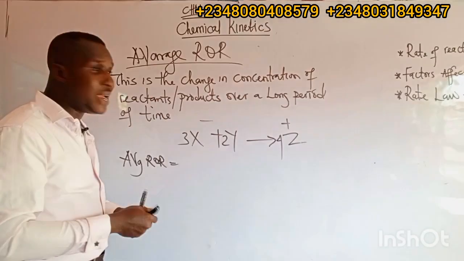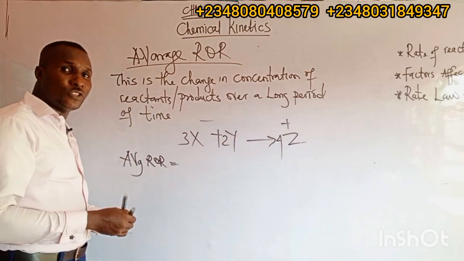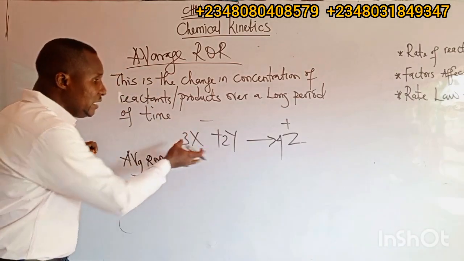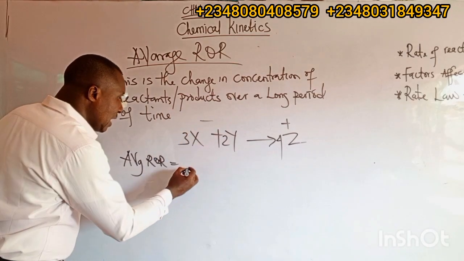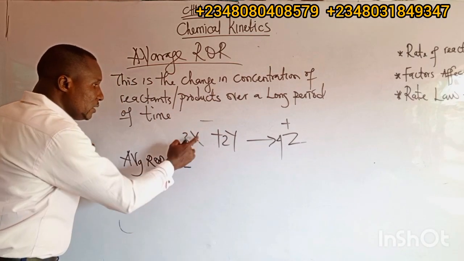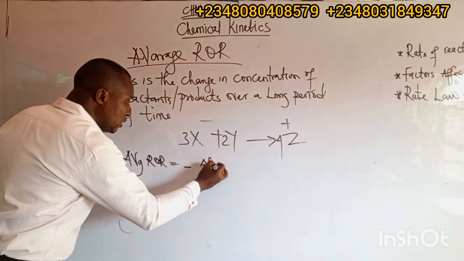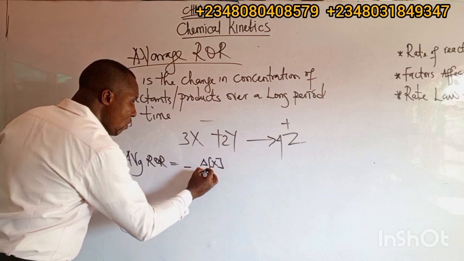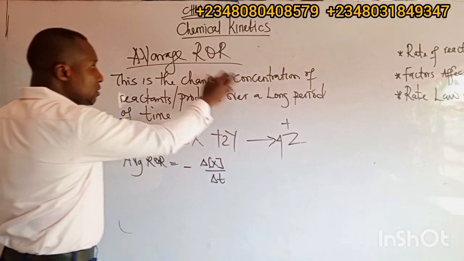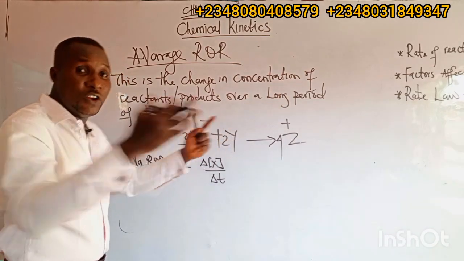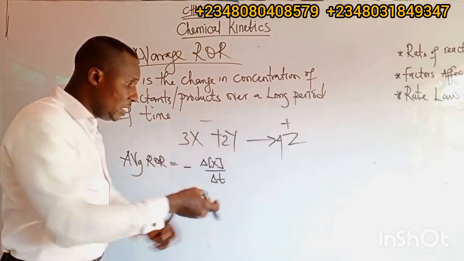Then how do we express this equation in terms of average rate of reaction? The reactant is decreasing in concentration. That means we have minus the change in concentration of X over change in time. That means change in concentration with respect to time.